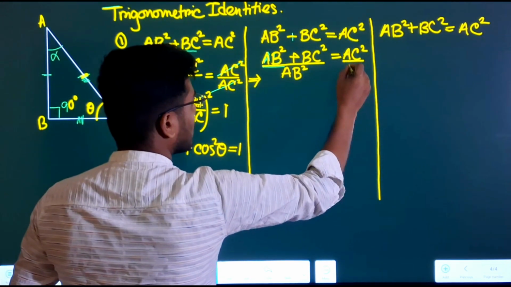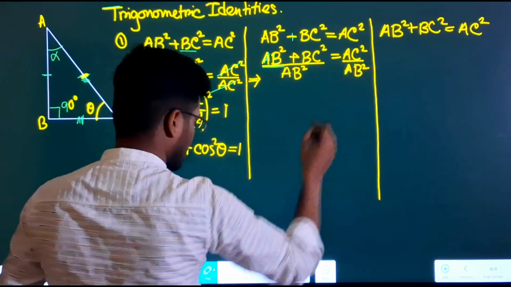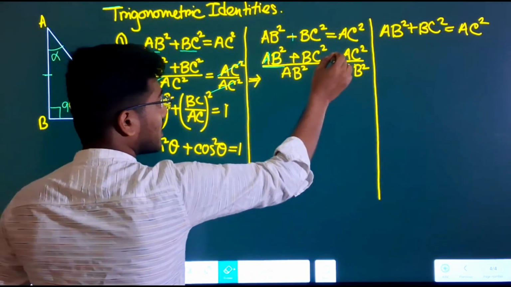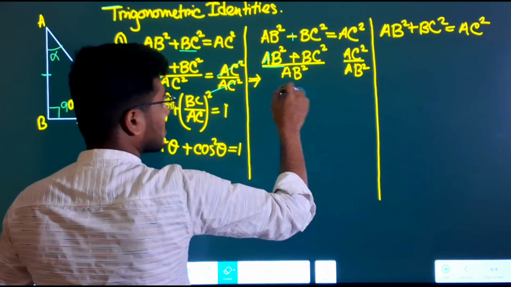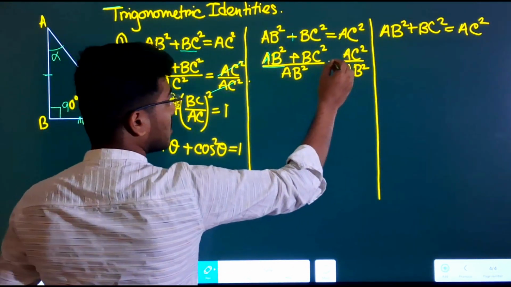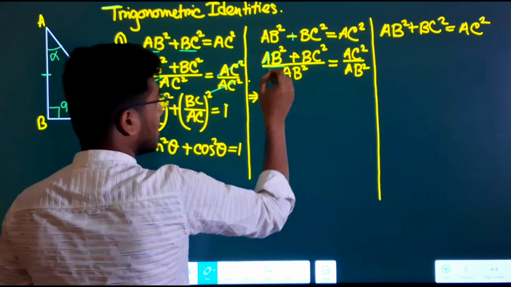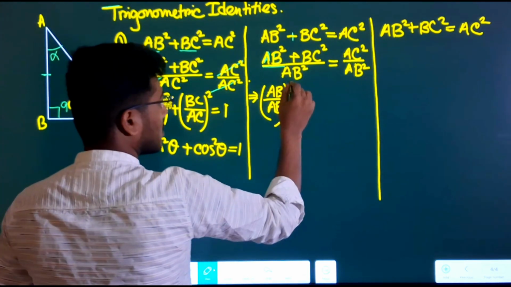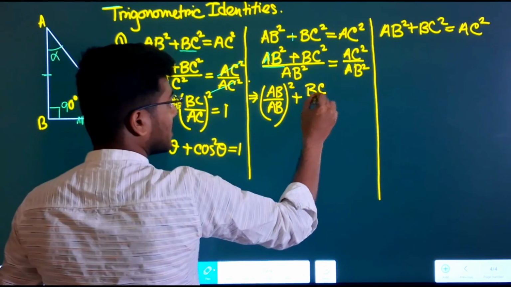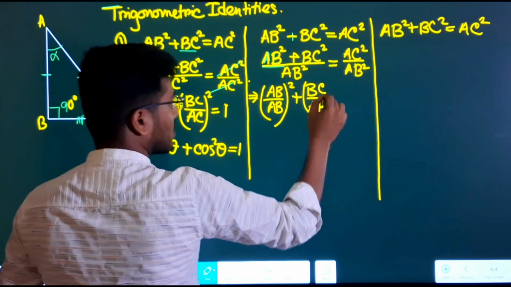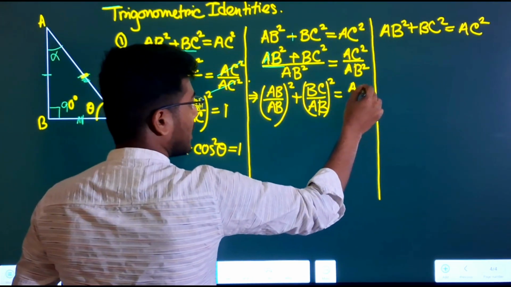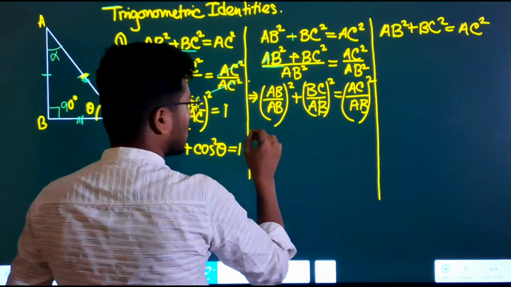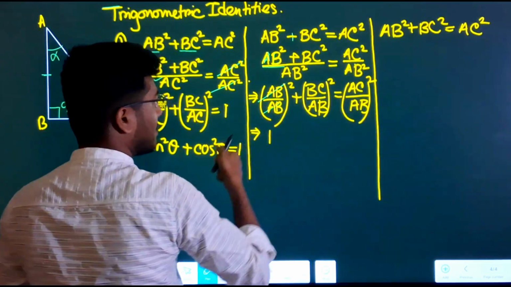Clear? In the next line I write AB divided by AB whole square plus BC divided by AB whole square equals to AC divided by AB then whole square. So obviously it is 1 because AB cut it.